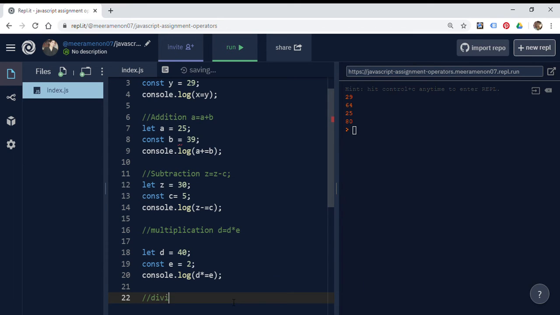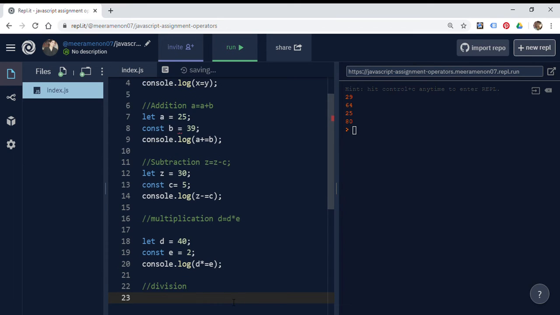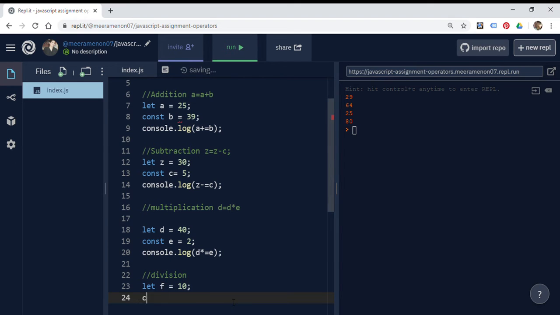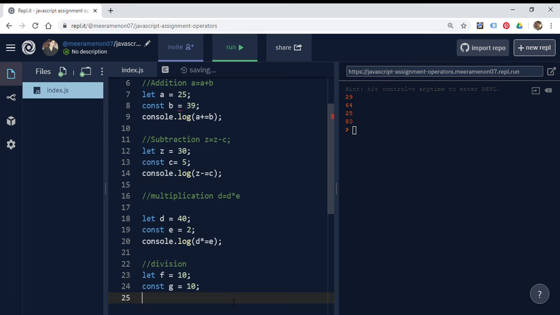Division. You want to divide both these elements, I mean the variables, so these two numbers.